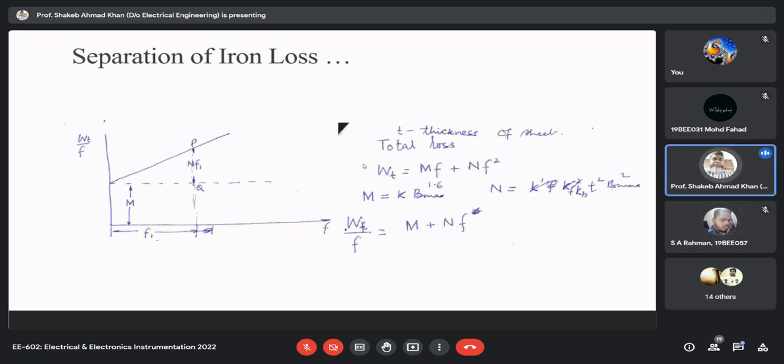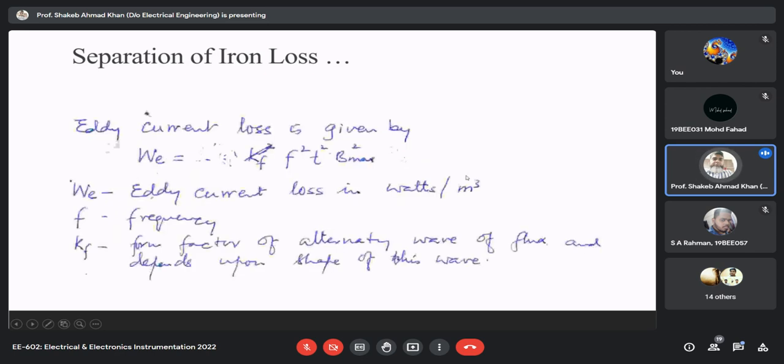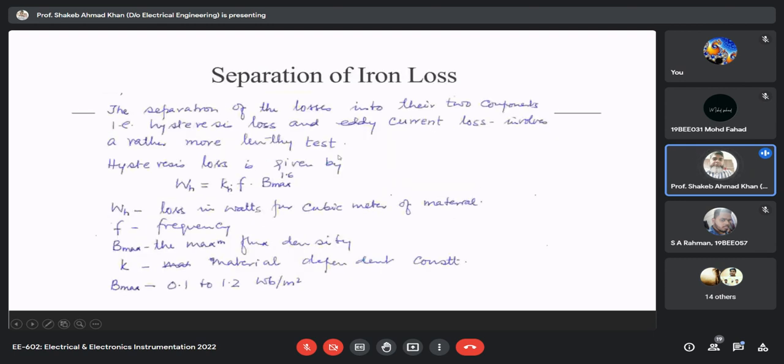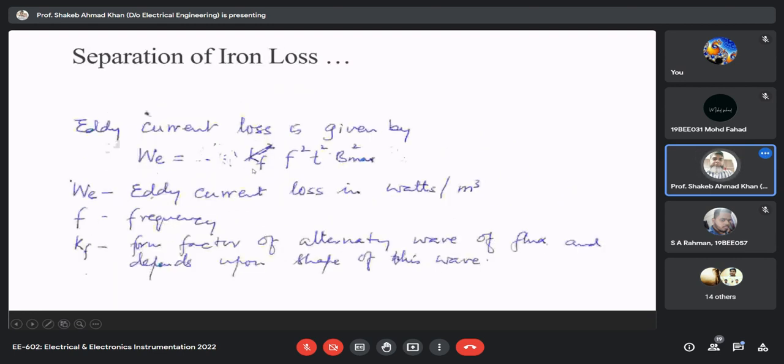Okay, you ask, I want to say this. Look, in M all the constants have come, and in N all the constants have come. We are assuming all other parameters constant. Actually the variable parameters are two, frequency and flux density. But in this method of separation of the iron loss, we are assuming flux density also constant.